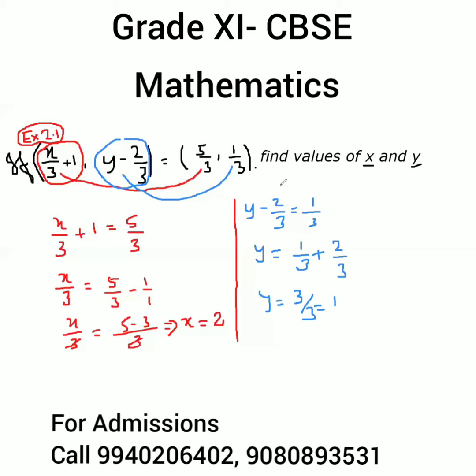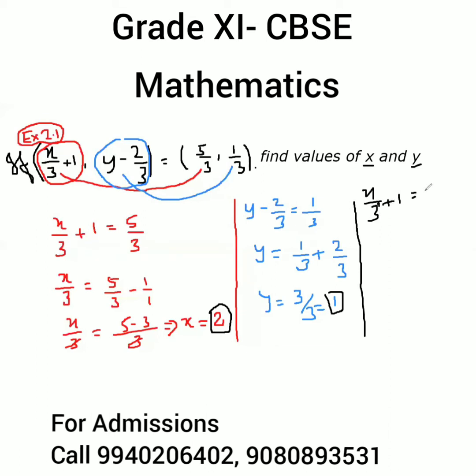To cross verify whether your answers are right, that is, x value seems to be 2 and y value seems to be 1, shall I cross verify? To cross verify you have a method. So x value is 2. What is my given question? x by 3 plus 1 is equal to 5 by 3.